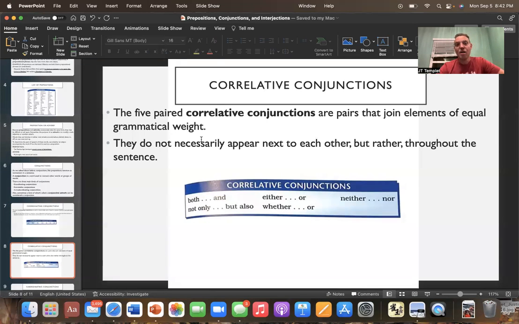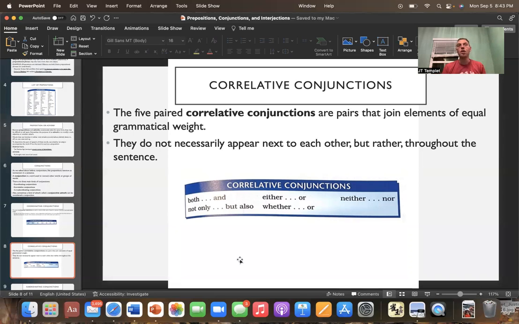Correlative conjunctions. These 5 paired words join elements of equal grammatical rank. They do not necessarily appear next to each other. That's why we have these ellipses, but rather throughout the sentence. These are both...and, either...or, neither...nor, not only...but also, and whether...or.